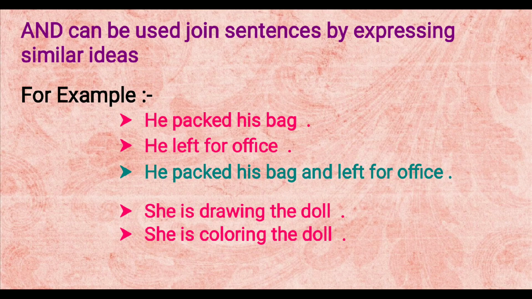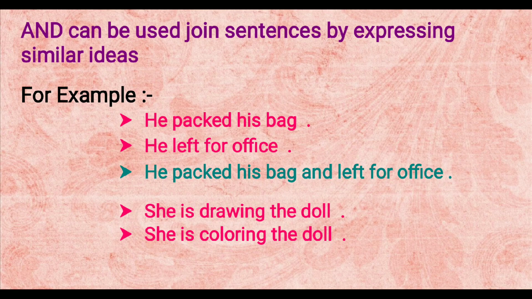Here two sentences are there, but without drawing, is it possible to color the doll? No. So if the sentence needs the first action completely and then the second action, it shows the relation of two sentences. That's why we use and to join these two sentences.